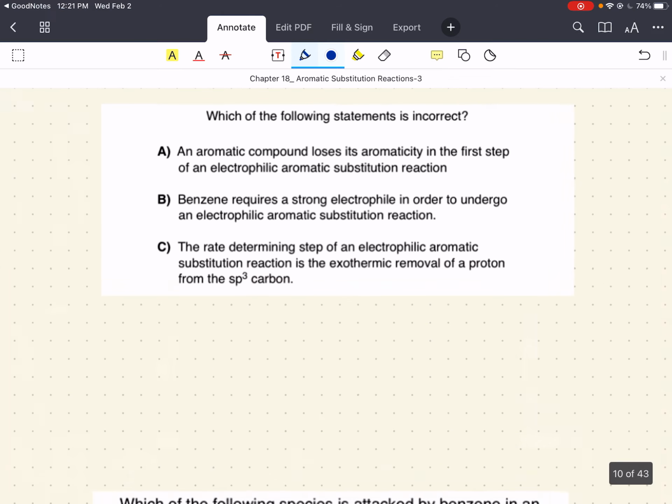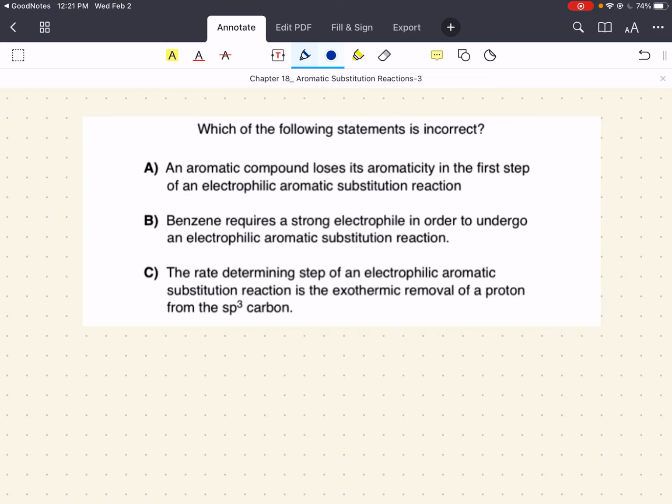All right. This first practice problem states, which of the following statements is incorrect? A states that an aromatic compound loses its aromaticity in the first step of an electrophilic aromatic substitution reaction. This is a correct statement. We do lose aromaticity. Our first step in these reactions is a nucleophilic attack that results in the formation of a sigma complex where aromaticity is lost.